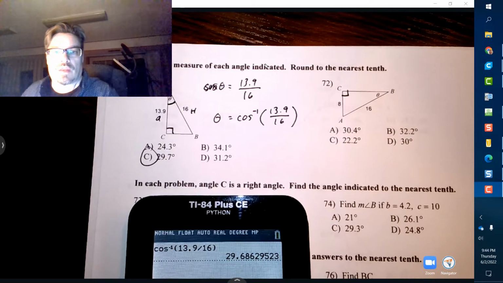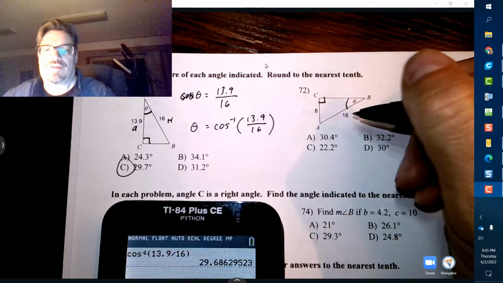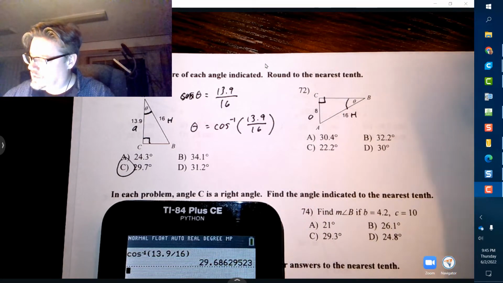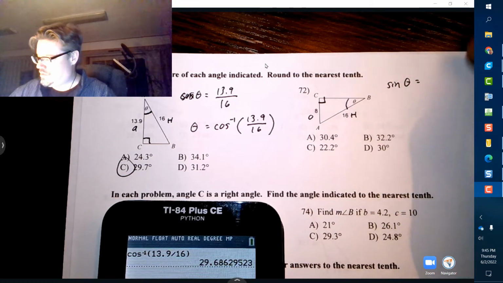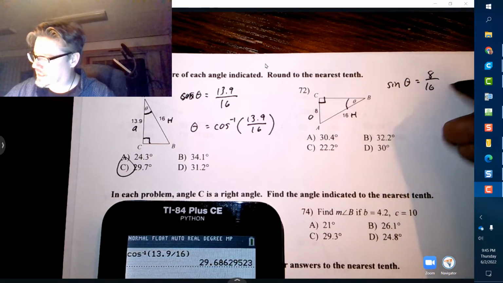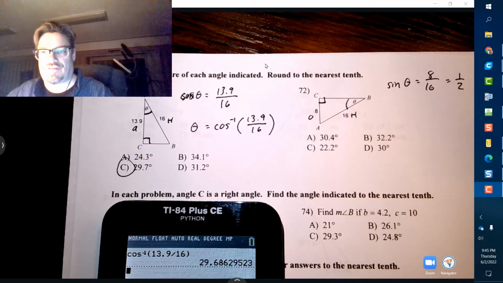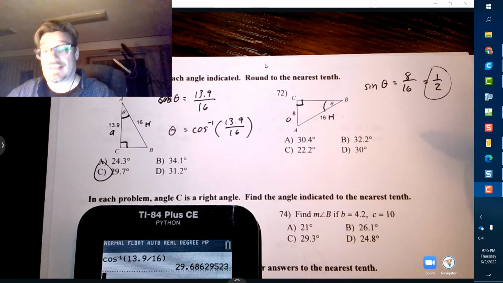All right. Over here, we're looking from this angle, and we find that this is the O, and that is the H. So we're looking for sine. The sine of theta equals that O, which is 8 over 16. That's a half. Now I actually know that the sine of a half, I know that from the unit circle, because a half is a really nice sine value.